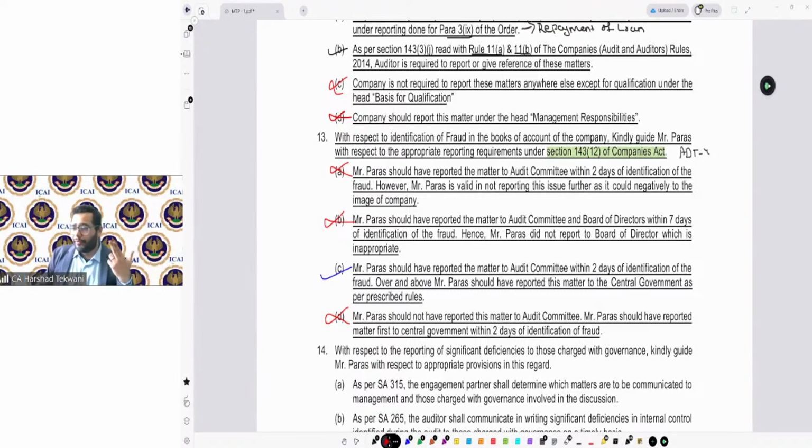Good Sumit, good Janvi. Any doubt with respect to this? Any doubt? Any doubt?